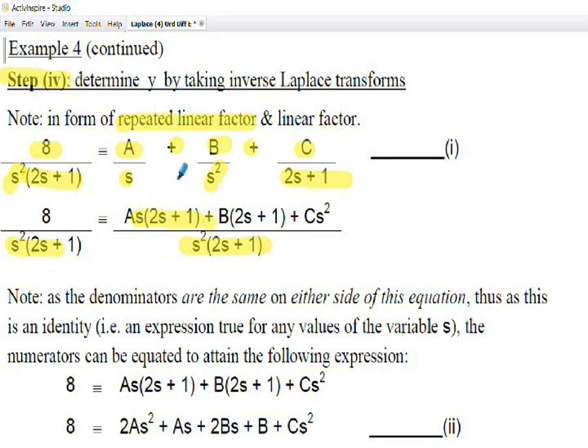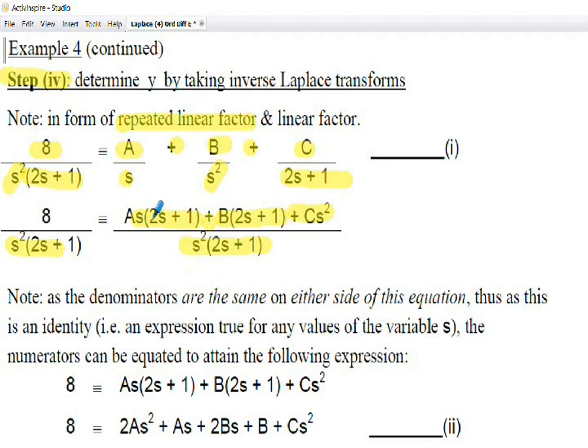Same with the second term, the b should be b upon s squared, so if I'm going to write it over the 2s plus 1, I have to multiply the b by the 2s plus 1. Again, when it cancels, I end up back with b upon s squared. And finally, the c is actually over 2s plus 1, so I need to multiply that by an s squared if I'm going to put it over s squared, because again they cancel, and it leaves me with c upon 2s plus 1.